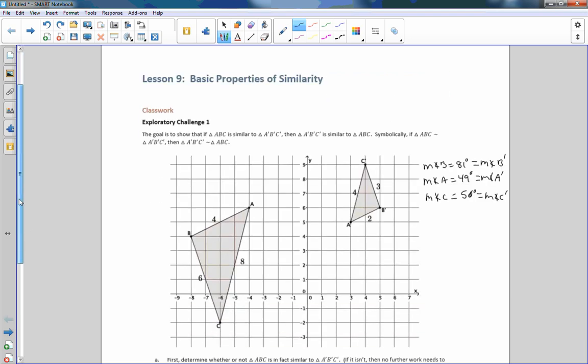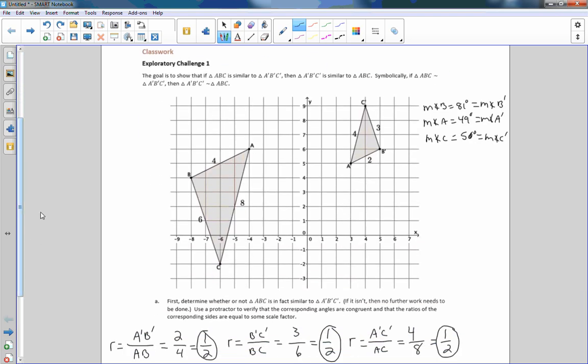Okay. So what I'm going to do here is, first of all, I'm going to dilate it. The first thing I'm going to do is identify my coordinates. C prime is at 4, 9. B prime is at 5, 6. And A prime is at 3, 5.